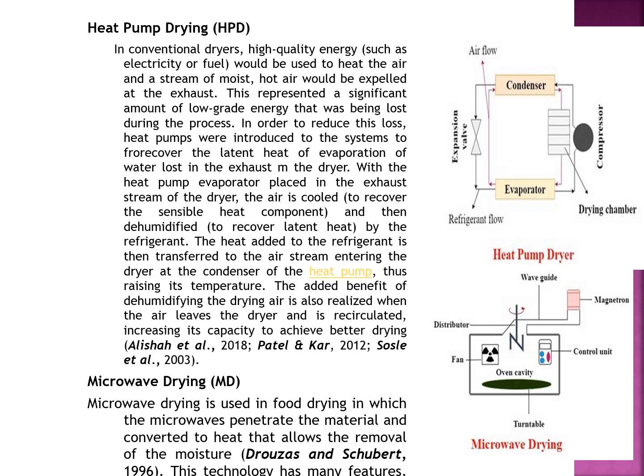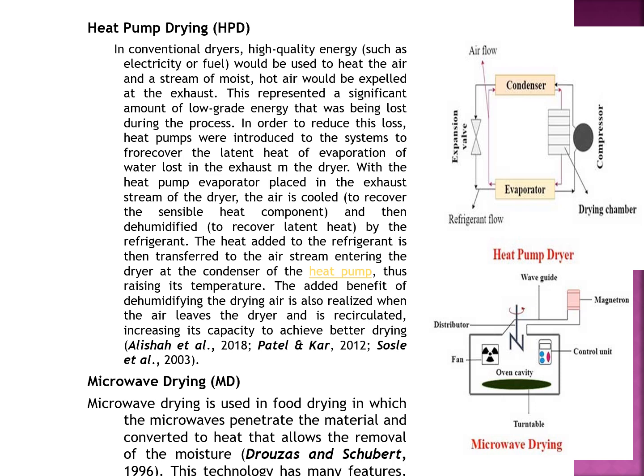With the heat pump evaporator placed in the exhaust stream of the dryer, the air is cooled and then dehumidified by the refrigerant. The heat added to the refrigerant is then transferred to the air stream entering the dryer, thus raising its temperature. The main benefit of dehumidifying the drying air is also realized when the air leaves the dryer and is recirculated, increasing its capacity to achieve better drying.